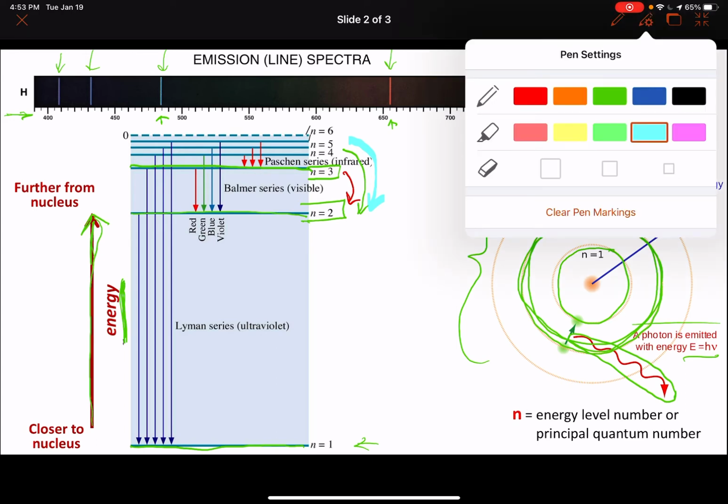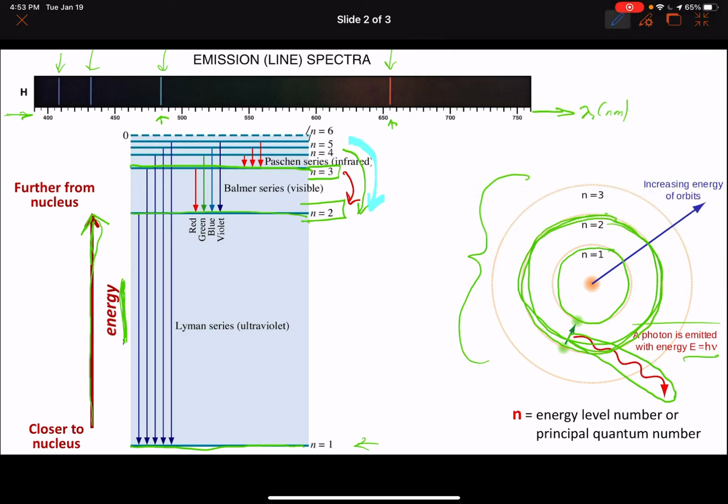And finally, the blue photons, which are highest in energy, lowest in wavelength, come from n equals... I'm sorry, 6. 6 down to 2. Okay, so that explains the 4 transitions and the 4 photons that come out of this.